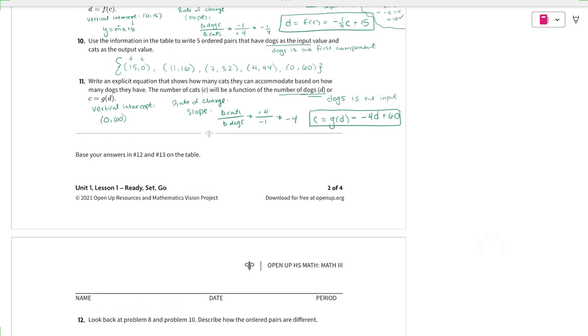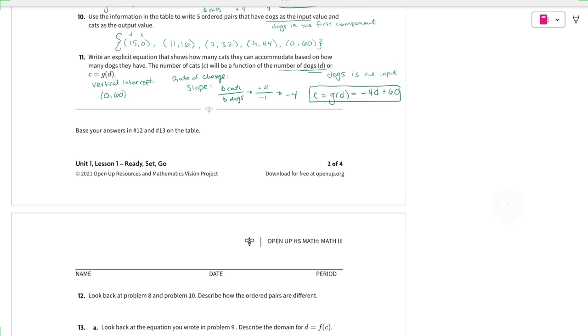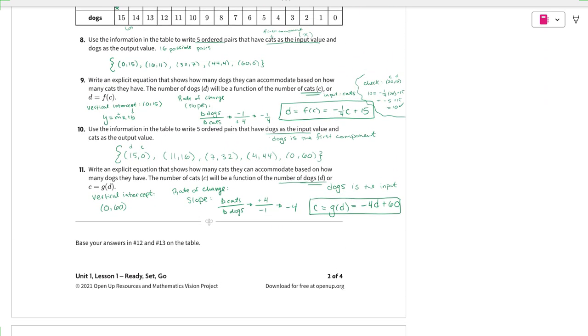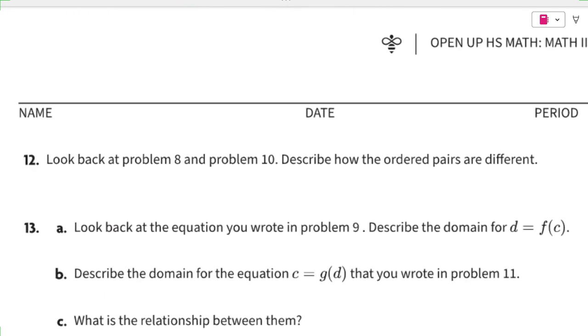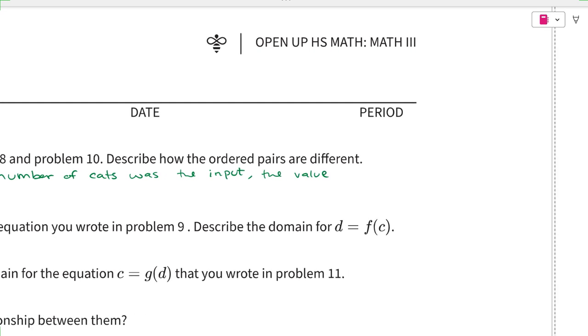So this is still looking at the same question. It says, look back at problem 8 and 10. Describe how the ordered pairs are different. So we already talked about this, right? 8 and 10 had the two ordered pairs. So when the number of cats was the input, the value that represented cats was listed first.